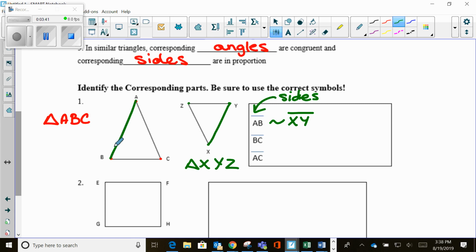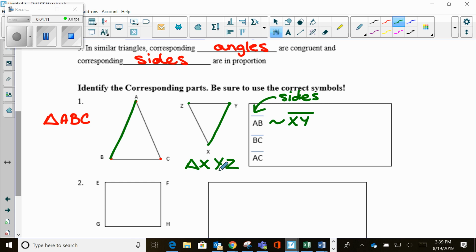Side AB is similar to side XY. Okay? And you can see that also in the letters of the name. So in the name ABC, the side AB comes first. In the smaller triangle, XY are the first two letters. So you know those are the corresponding sides because they are in the same position.